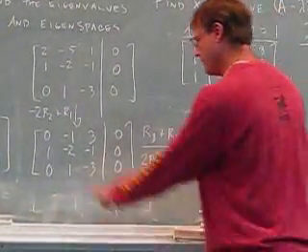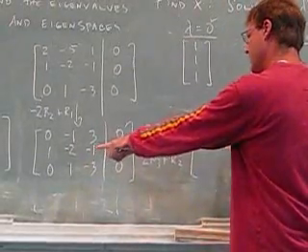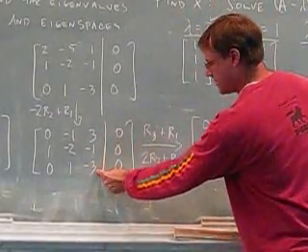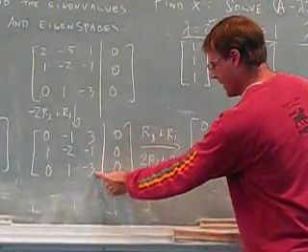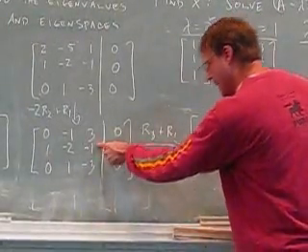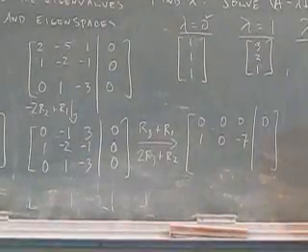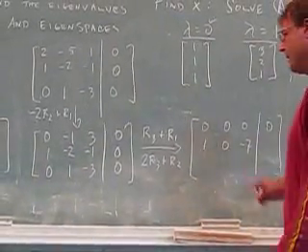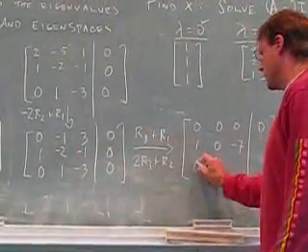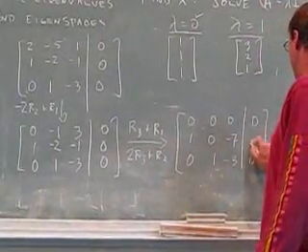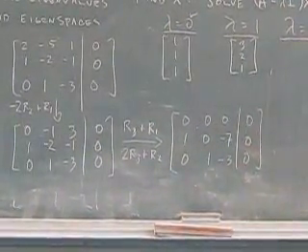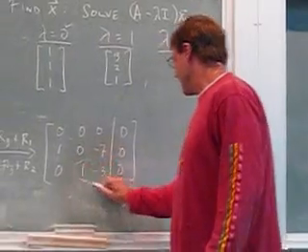The second one becomes 1, 0. Okay, when I multiply this by 2, I get negative 6, and I add that, I get a negative 7. And then the last row stays the same: 0, 1, negative 3, and all 0. Okay, I'm ready to solve my equations.